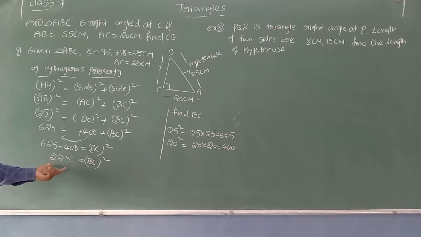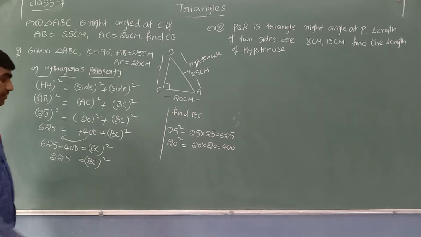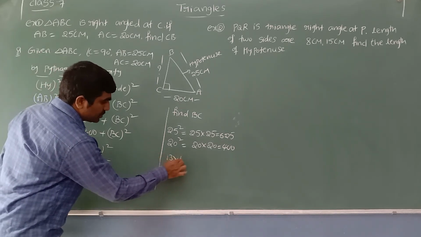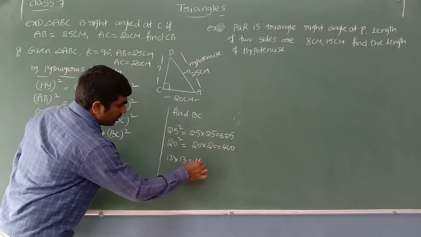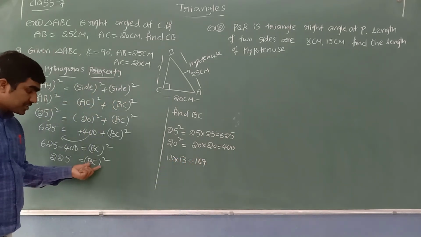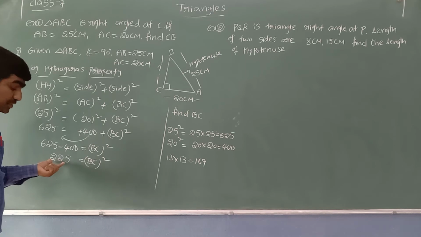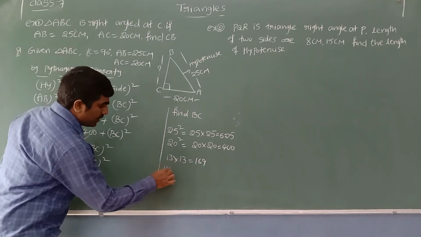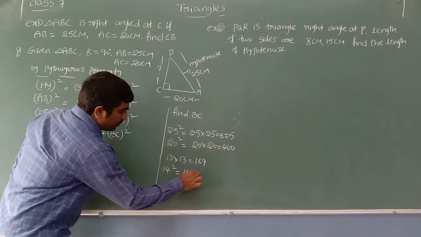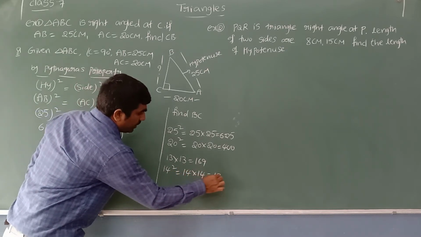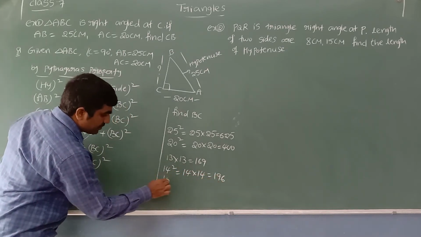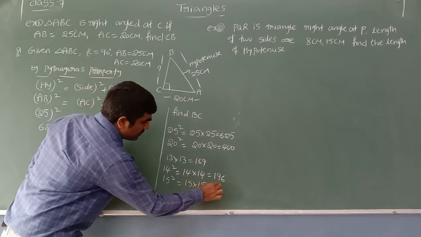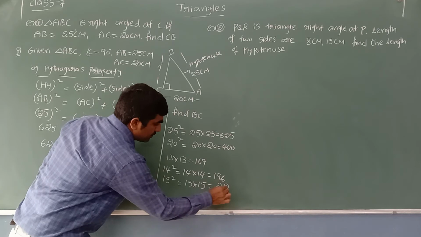Now tell me, 225 is the perfect square of which number? If I write 13 into 13, we know that is 169. 14 square is 14 into 14, which is 196. 15 square is 15 into 15, which gives 225.